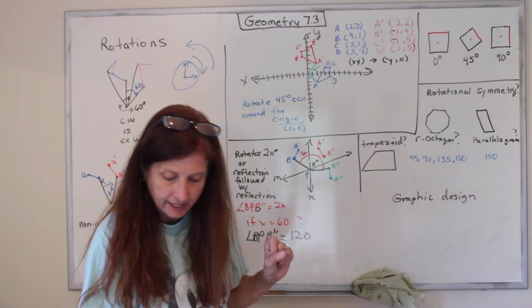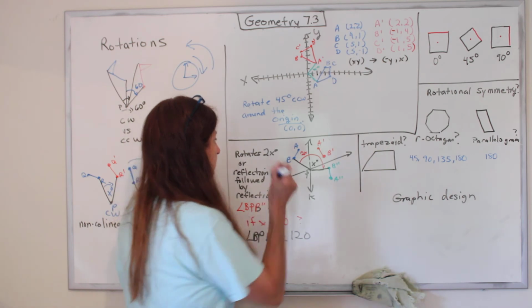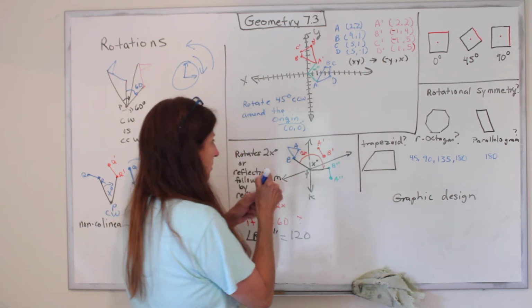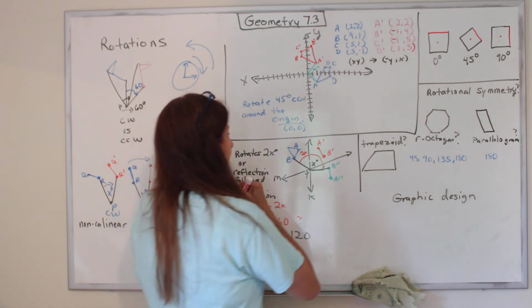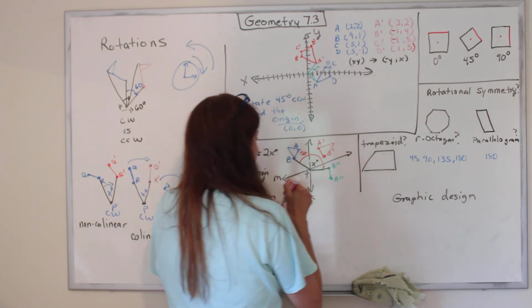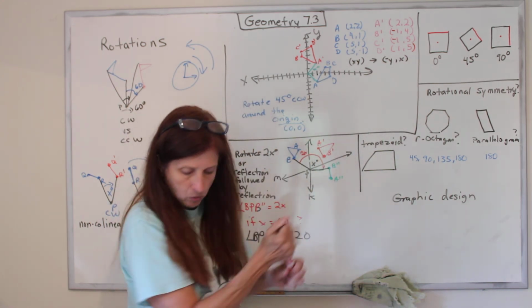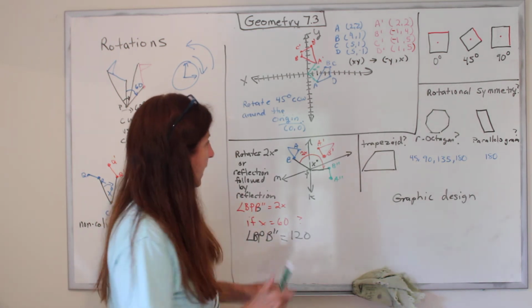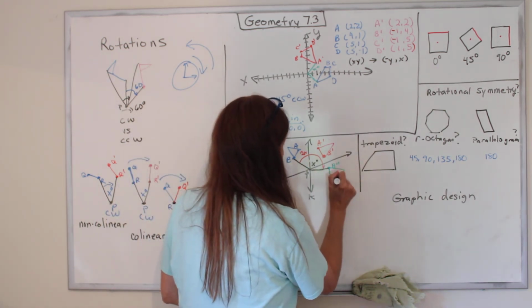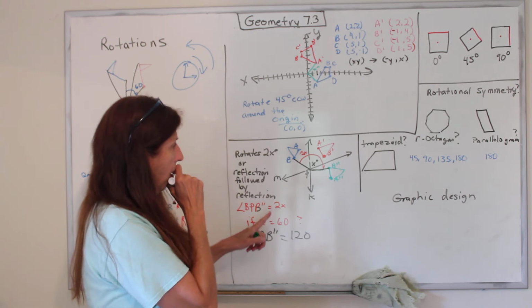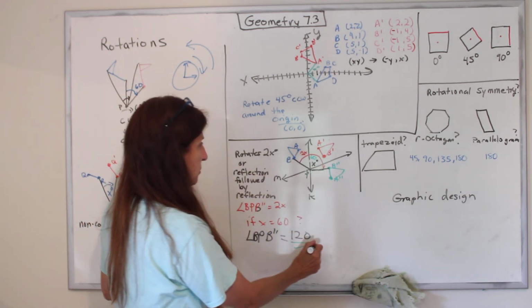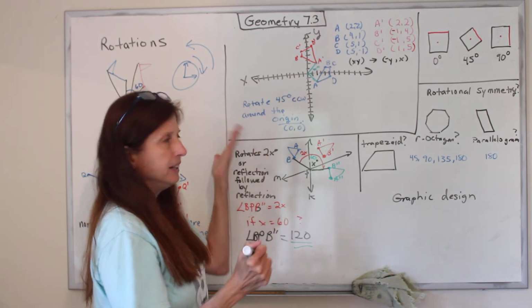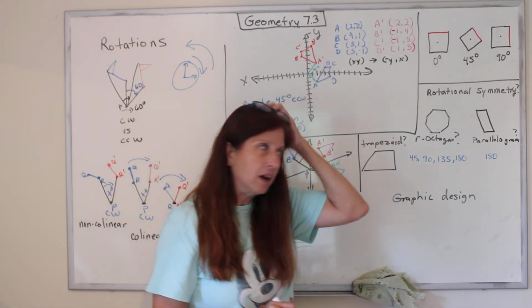Your book does it again, making these triangles. So there's a triangle, and it gets flipped over the line, and then it gets flipped that way, and it looks like that. And they said this was 60, so what's all that? It's 120. But really, whether it's a triangle or a baton, same thing.